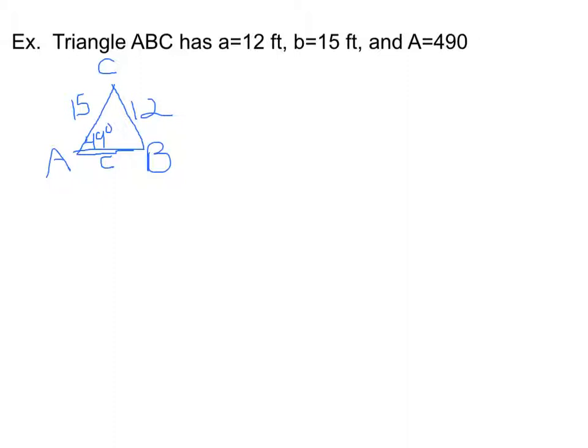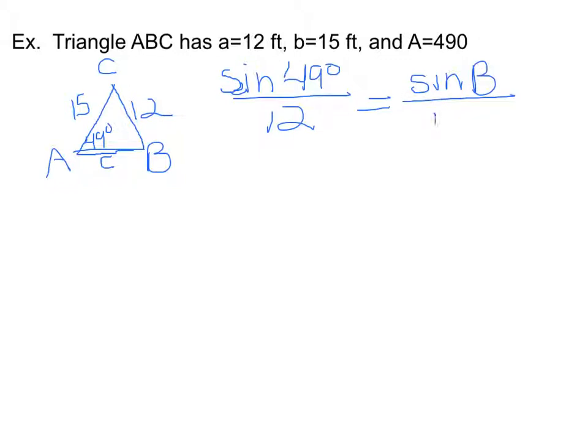If I'm looking for the angle, I'm going to put the sine of 49 degrees is to 12 as the sine of angle B is to 15.